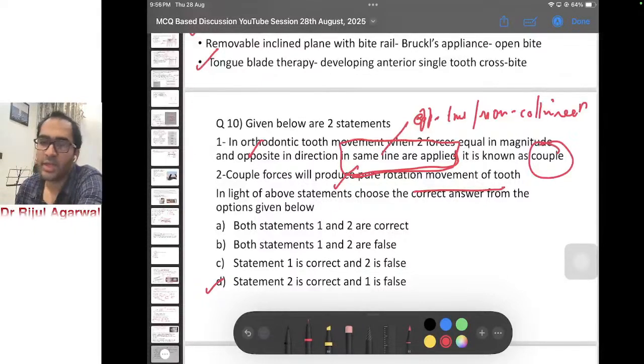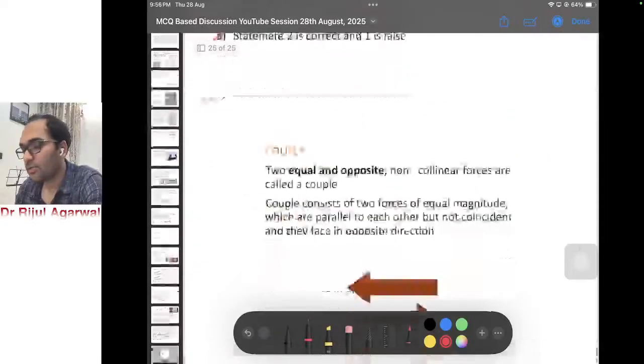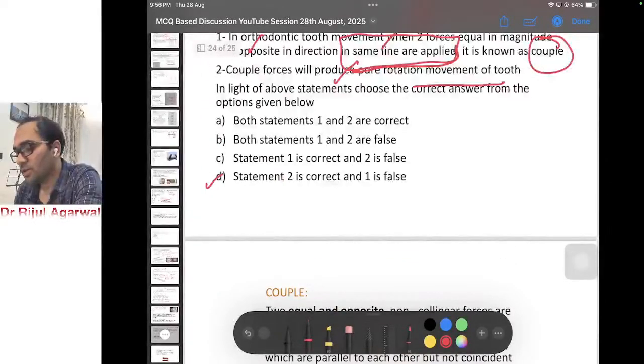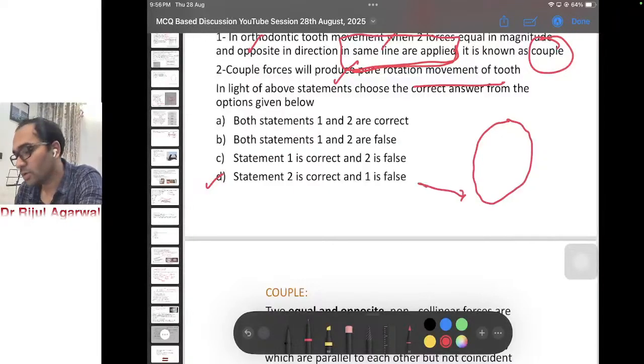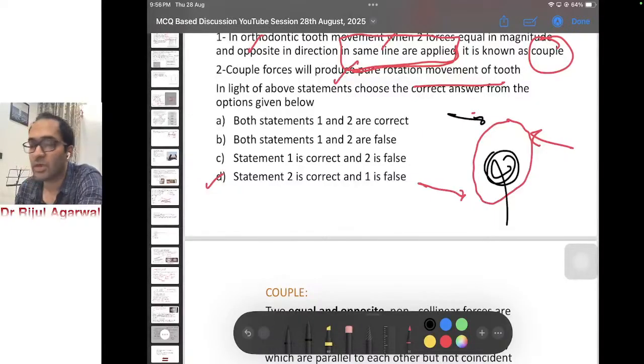Parallel but not in same line. Yes. Non-collinear forces. So if this is the tooth, occlusally you are saying one should apply the same amount of force, parallel forces but not in same line. If one force is from here and one force is applied in the same line, a couple will not be produced, never.